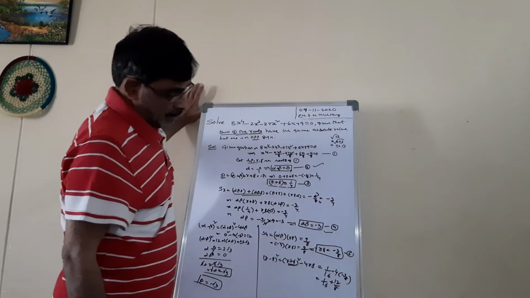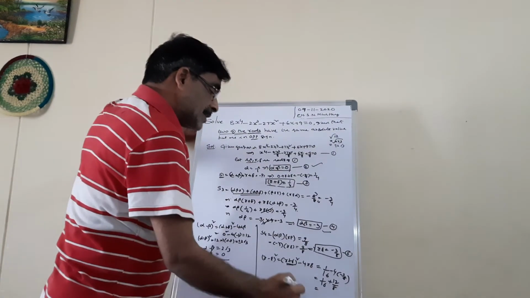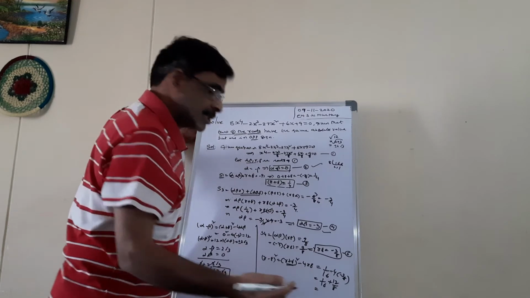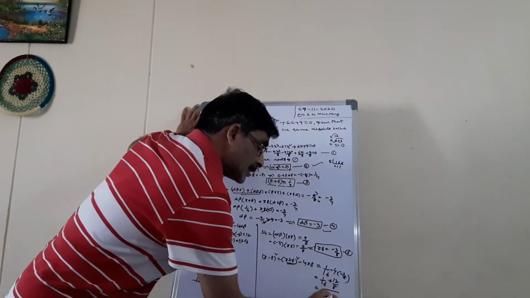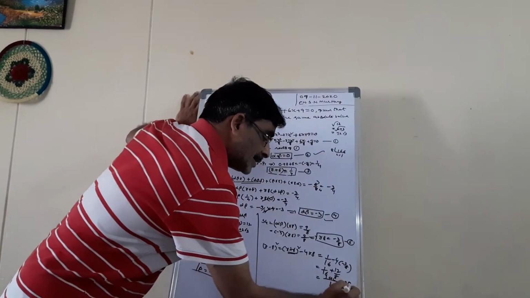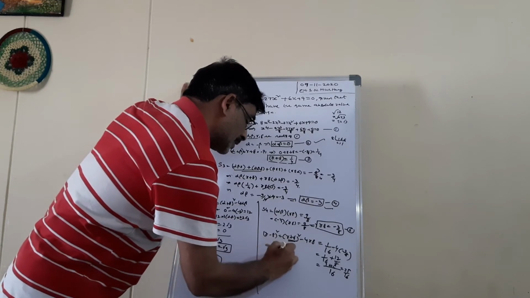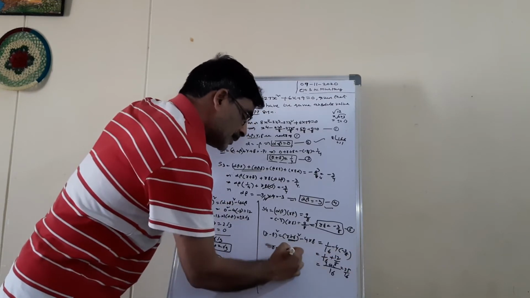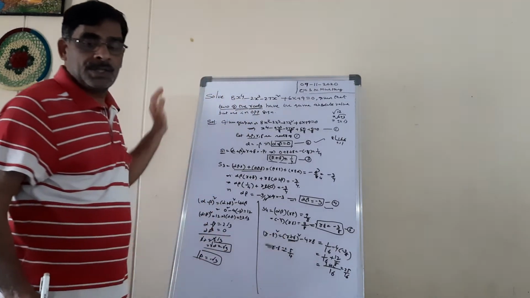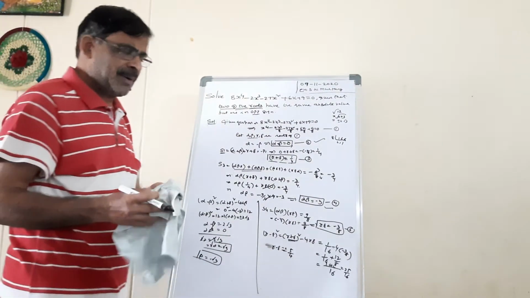You take LCM 16, which gives 25 by 16. So gamma minus delta equal to square root of it, 5 by 4, plus or minus 5 by 4. You take either plus value or minus value, we will get the same answer.